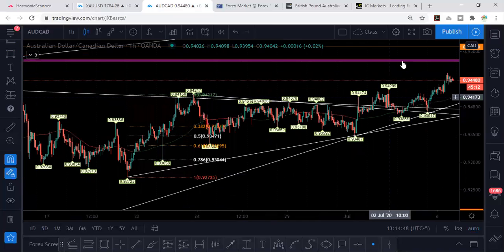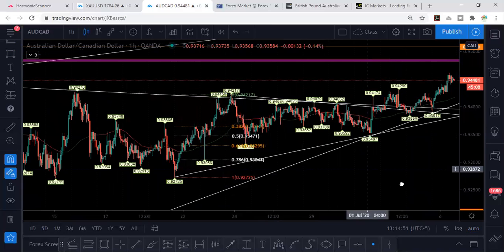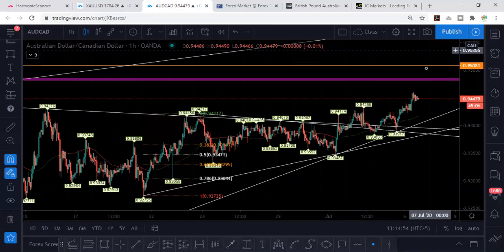Okay, so that will be our resistance. We'll know that we'll go up here a little bit more. So for now, this is our trade right here. I'm going to put another zone here.